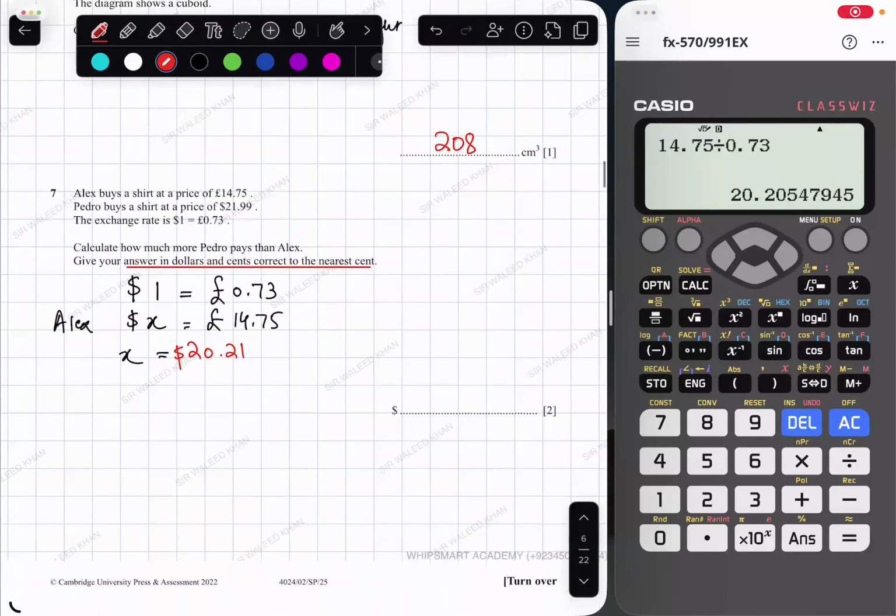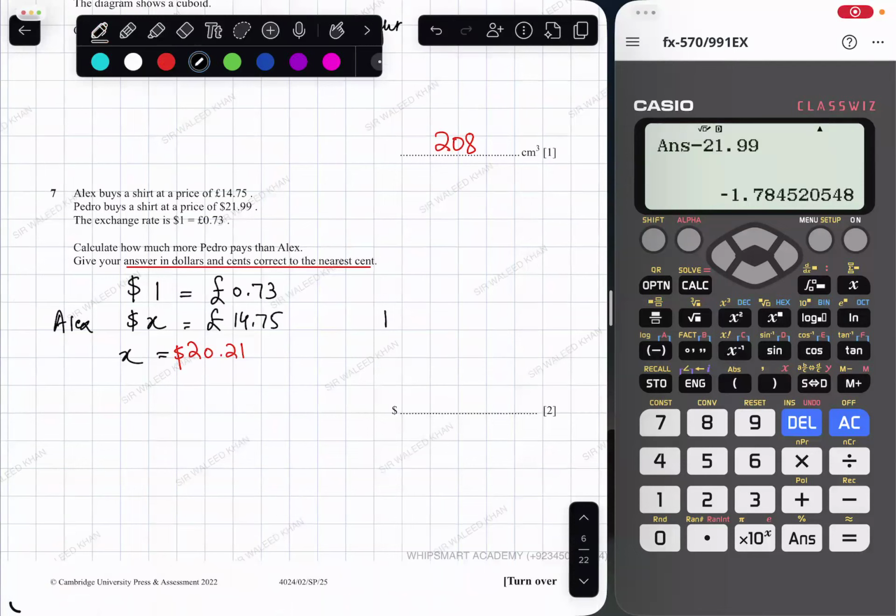And the same we can do for Pedro. Pedro buys a shirt at a price of 21.99. That is already in dollars, right? So we can just figure out the difference between them. 21.99 minus 20.21 is 1.7845.